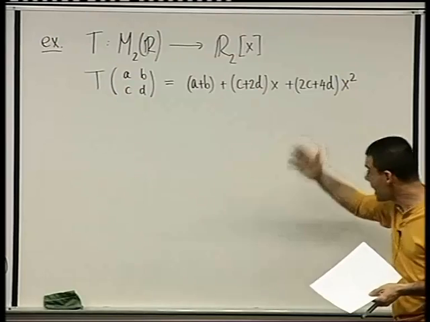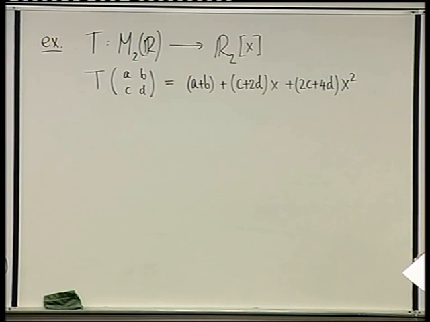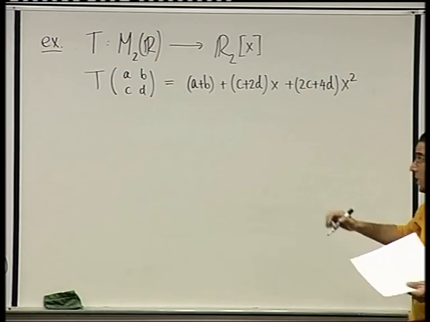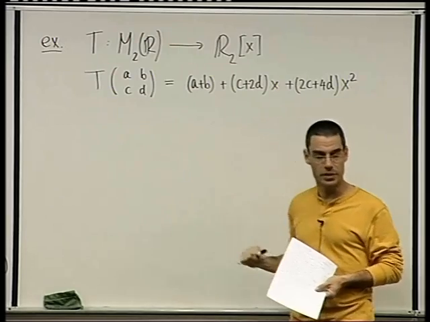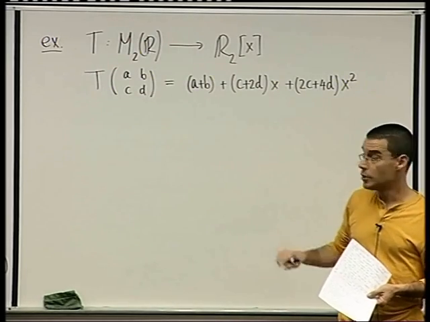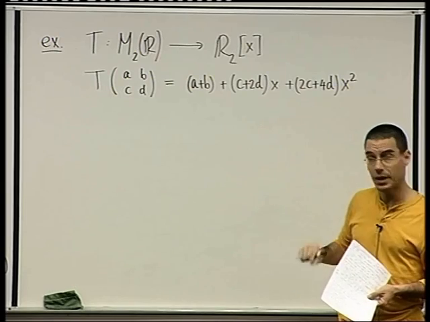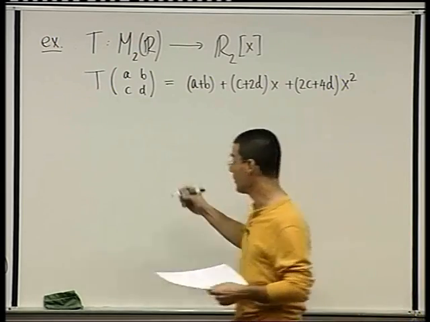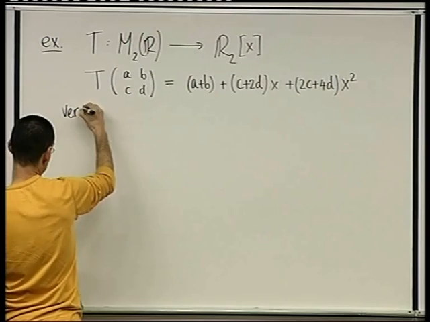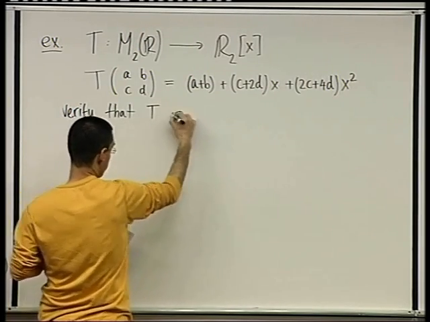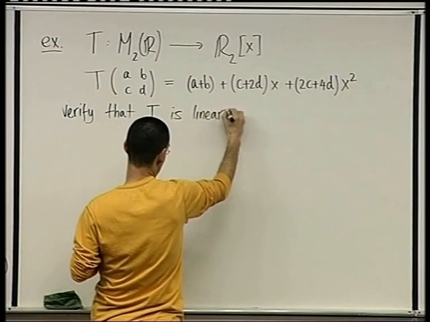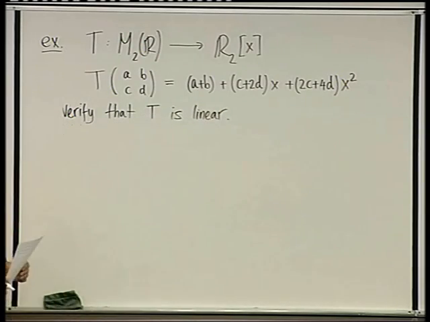So, because we said it, we already know that it's a linear map, but we didn't prove that yet, and you need to verify manually. Show that if you take two guys, T of one plus T of the other is T of the sum. Okay? Show that if you multiply by alpha, you get alpha times T. Okay? So verify that T is linear. Do it. Very important to do it.